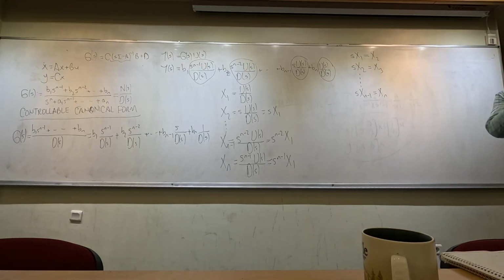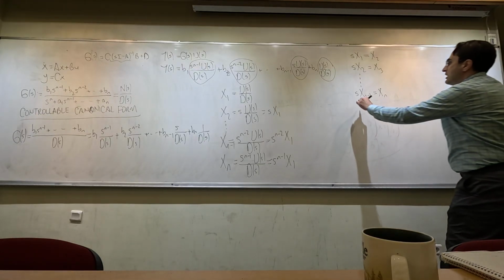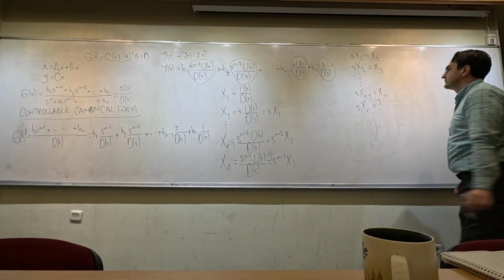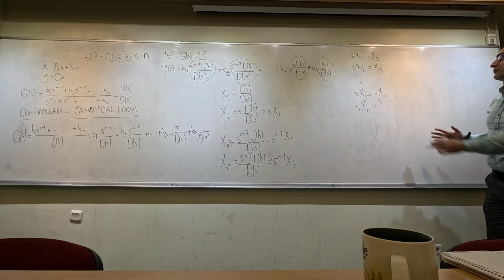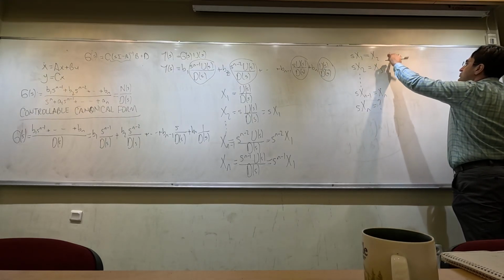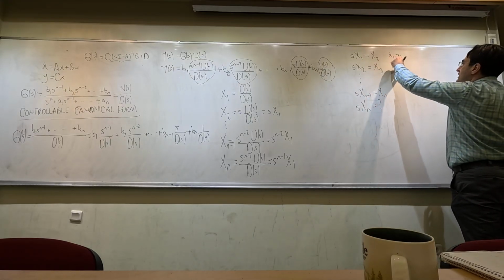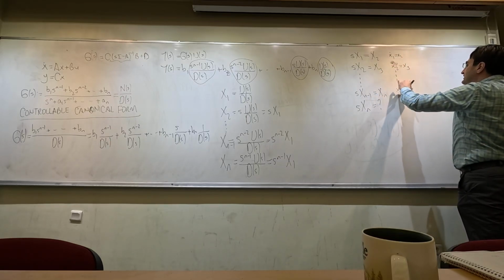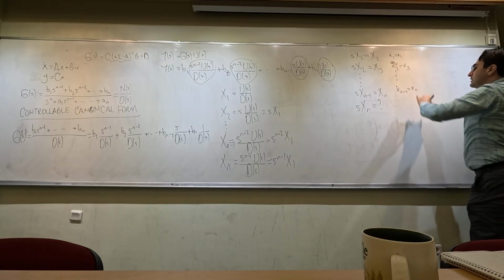And then the question becomes now, what is going to be s times xn? These are all state equations. I can write here x1 dot is equal to x2. Instead of this equation in the time domain, I can write x2 dot is equal to x3, going until xn minus 1 dot is equal to xn.